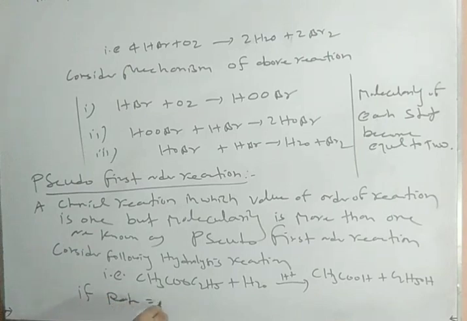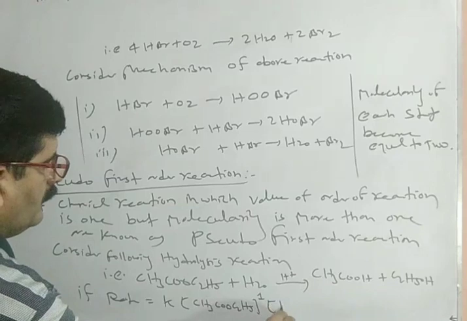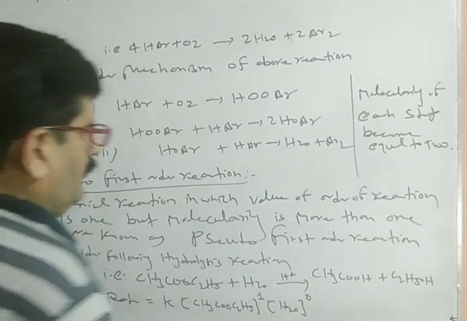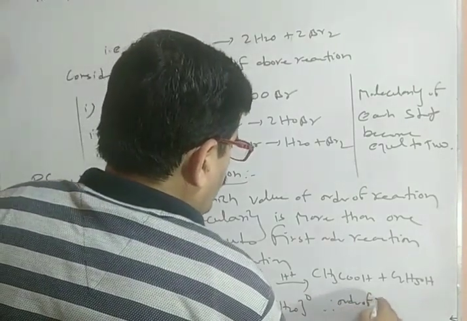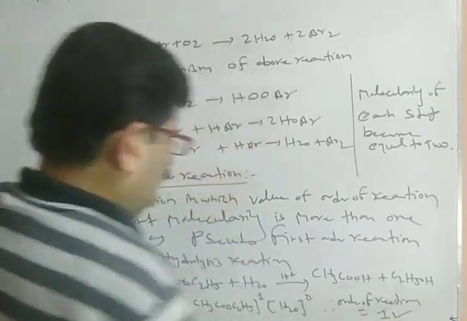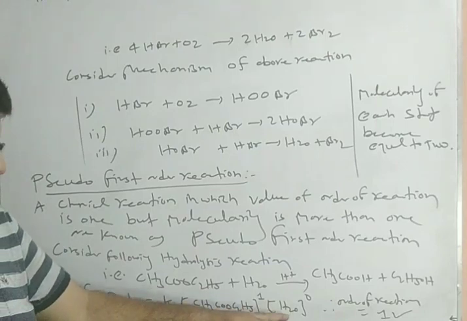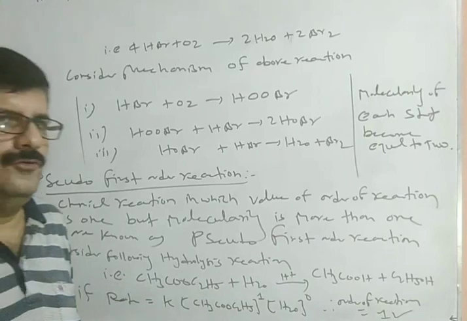If rate is equal to K [CH3COOC2H5] to the power 1 [H2O] to the power 0, therefore the order of reaction is equal to what? 1. Why do we take the power of the concentration term of water as 0?